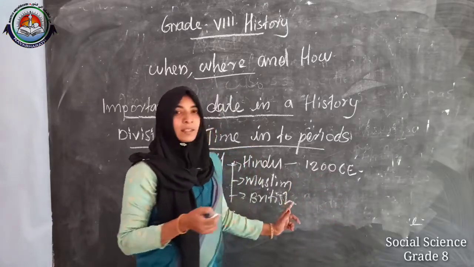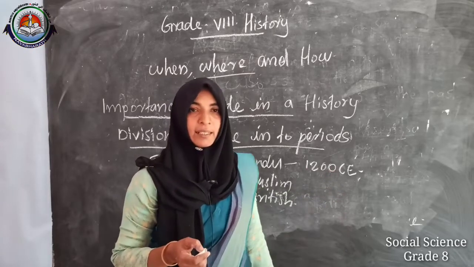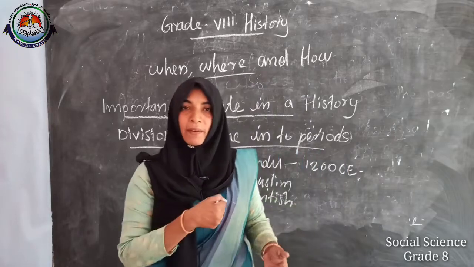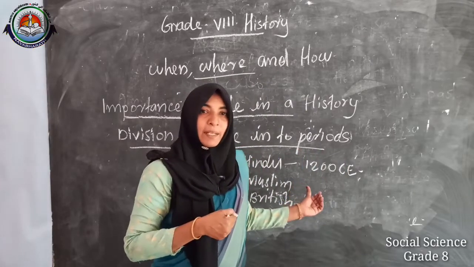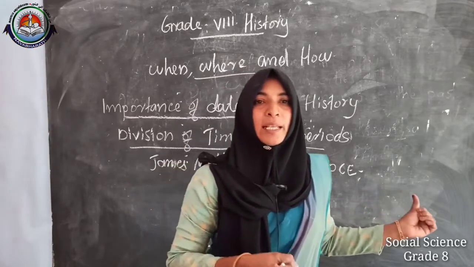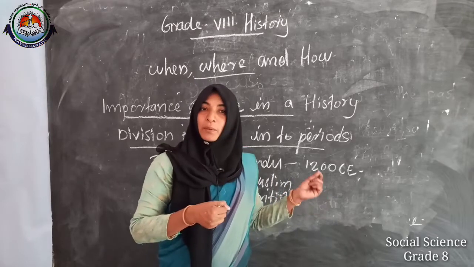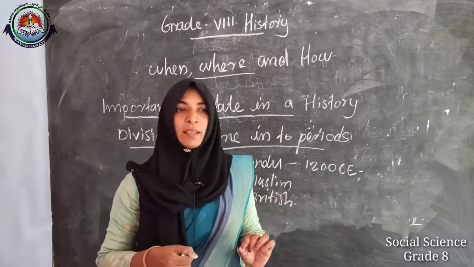After the 12th century, when the Muslim rulers established their power here, that period is known as the Muslim period. That means Muslim rulers, and they were using the Persian language.